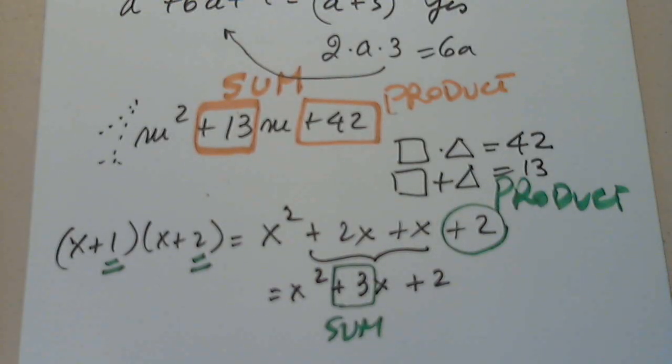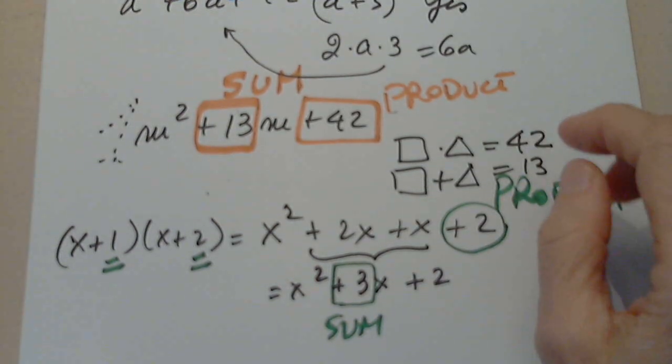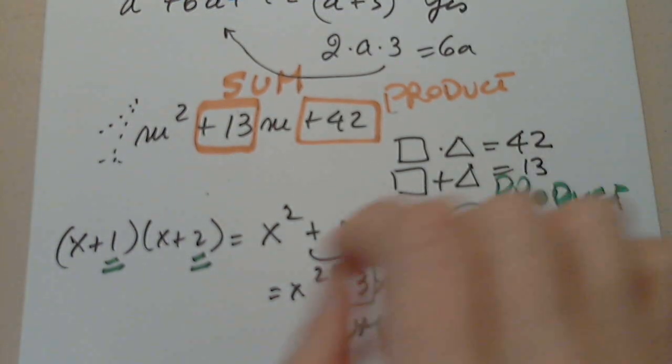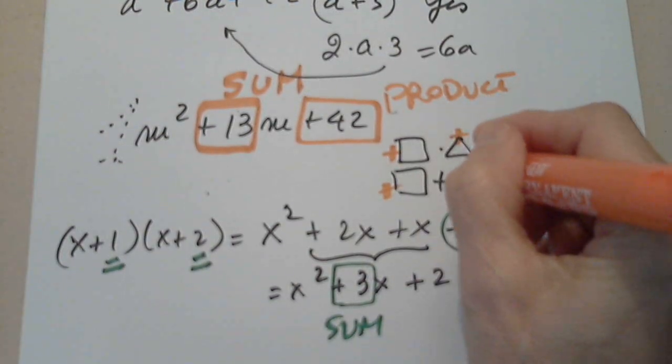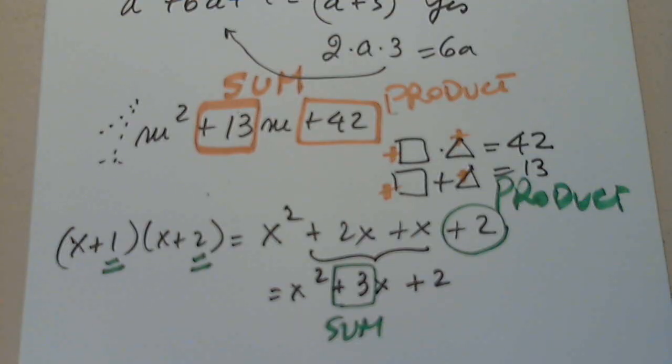Again, we start with the signs. If the product is positive and the sum of these numbers is positive, the numbers must both be positive. So now I have to think of two numbers whose product is 42, and when I add them, the same numbers, I get 13.